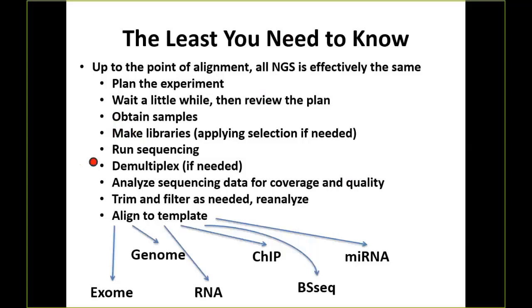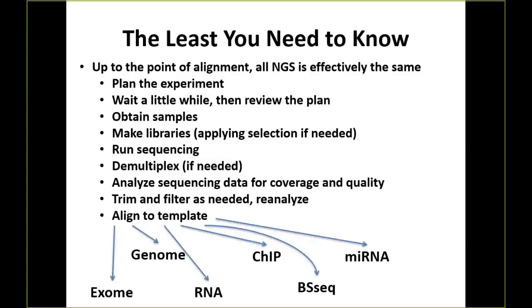And then finally, after you clean up the sequence and it's good quality and you're ready to go forward with it, that's when you're going to align it to a template. And the template is generally going to be a reference genome or some derivative of the reference genome, like consensus microRNA sequences or specifically transcripts, that kind of thing. From there, you can pretty much go towards any application.